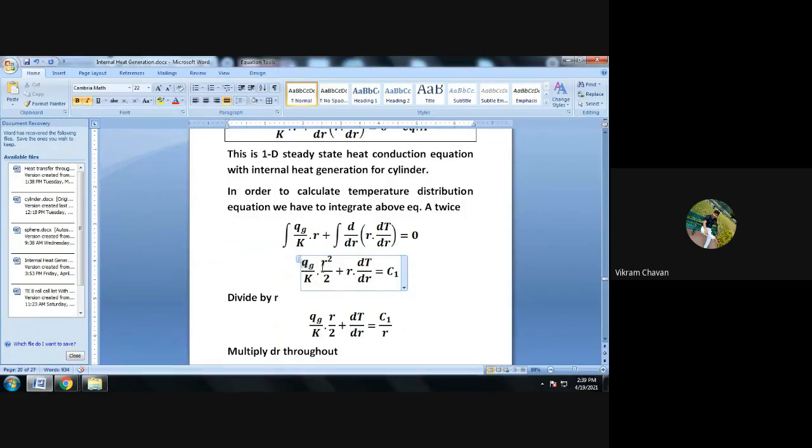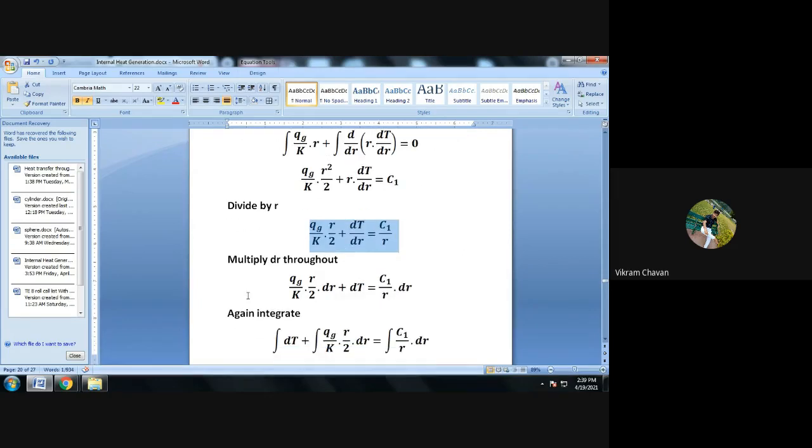So dividing by r throughout the equation, what will we get? Qg divided by k multiplied by r by 2 plus dT divided by dr is equal to c1 divided by r.